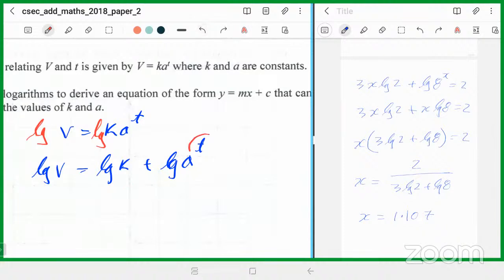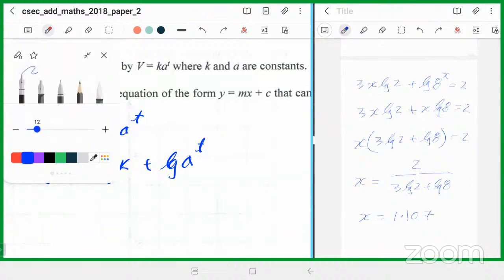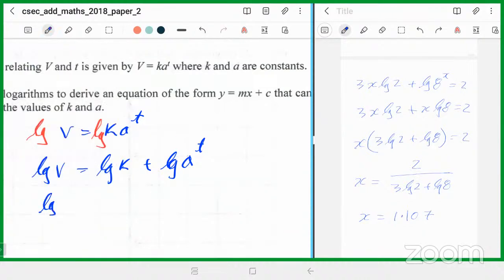And then this t comes to the front. That t comes to the front, and so it becomes the log of v equals the log of k plus t times the log of a.